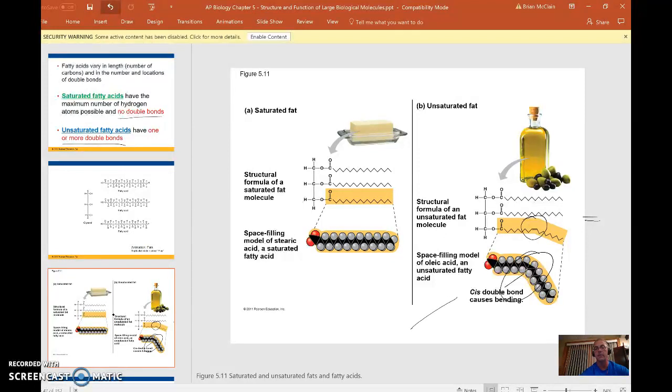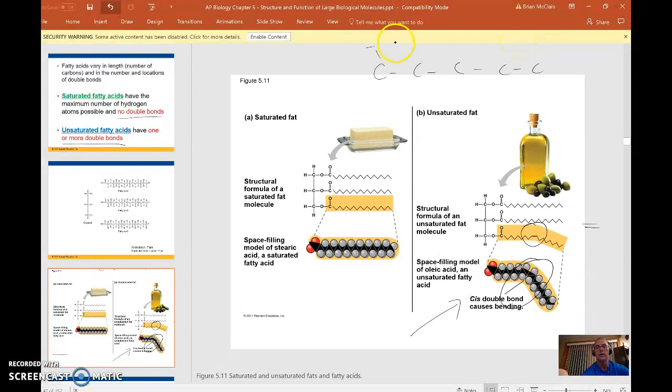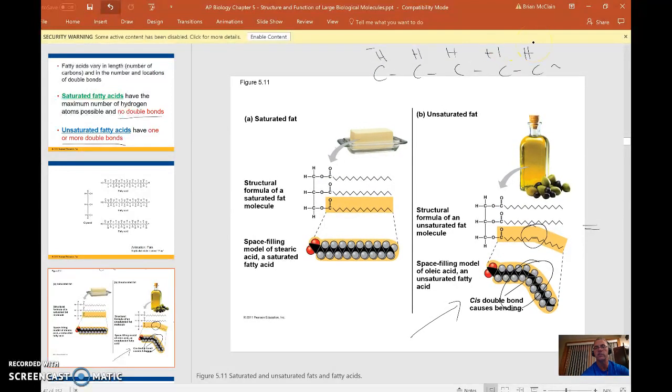And that's primarily going to be when you have the cis configuration. So as you're going through and you're looking at your carbon chain, and in your carbon chain you have hydrogens, kind of getting out of my ability to draw here, but I got hydrogens, hydrogens, hydrogens. I should have hydrogens all the way. We keep going, hydrogens.